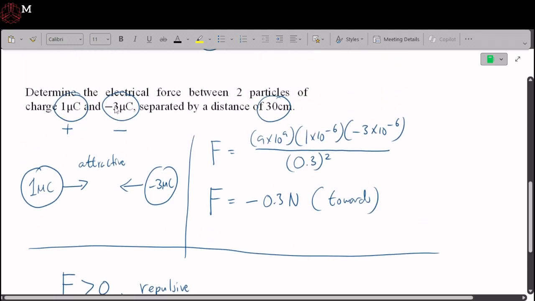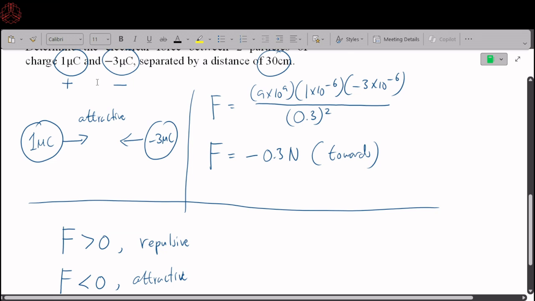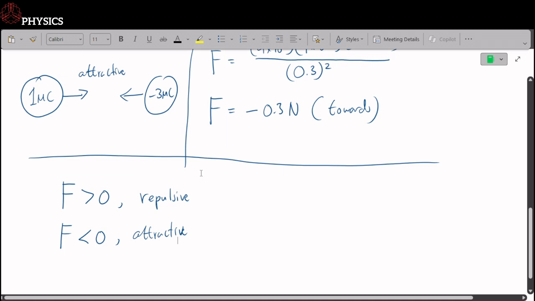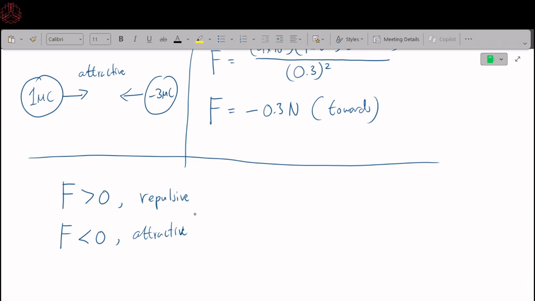If I have negative 1 and negative 3, negative 1 times negative 3 is positive 3. If it's positive, then it's going to be repulsive. So if I have a negative-negative pair or a positive-positive pair, it is going to be repulsive. In other words, like charges are repulsive, and unlike or opposite charges will have attractive forces.